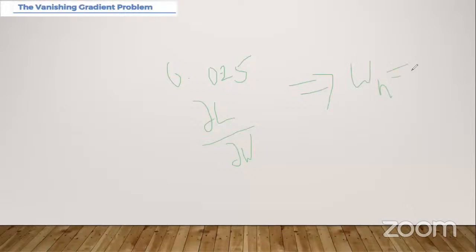The new weight has not much difference from the old one, and the learning or loss reduction process stops. So that is why the vanishing gradient problem should be solved. I hope everyone is now clear what vanishing gradient descent is and why it is happening.